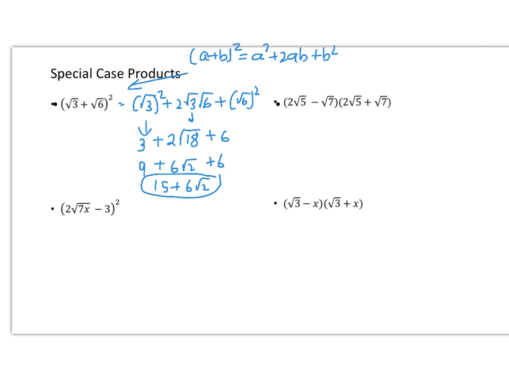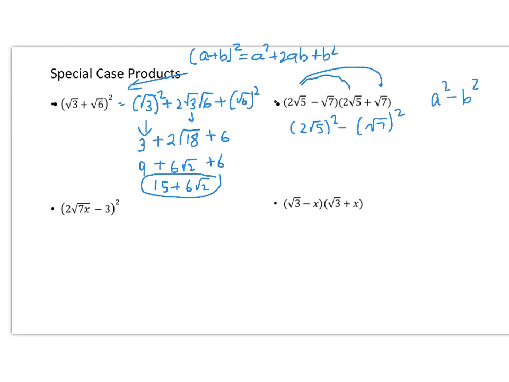Let's look at this problem. Here we have the difference of squares, right? Notice we have the difference of squares, so immediately, what's the difference of squares? It's going to be a squared minus b squared. A in this point is going to be 2 square root of 5, so I'm going to have 2 square root of 5 squared minus the square root of 7 squared, right?